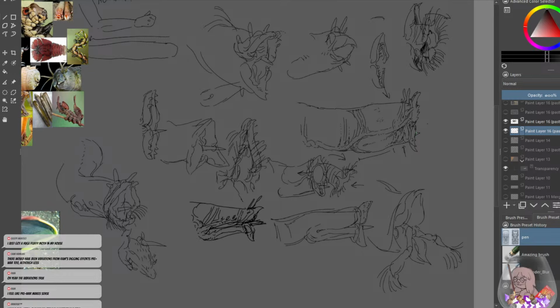Then we have the spike, and then we can have the underside of a tongue kind of thing going on with that little skin tag.